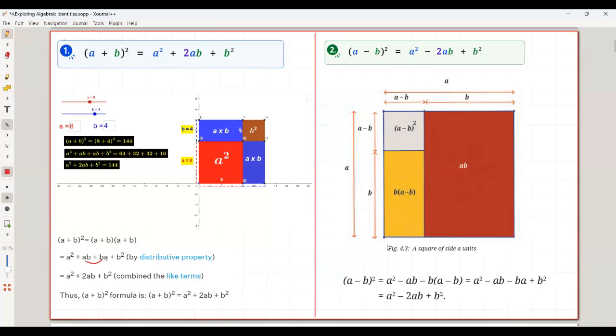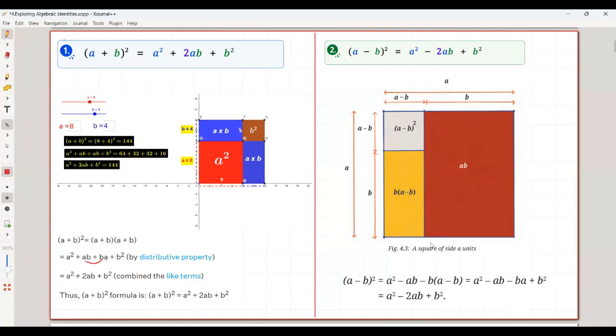Total area means area of the big square, that is A square minus AB. AB means area of the rectangle, minus B into A minus B. Here you can see this is A minus B length, and breadth is B. Area of the rectangle is length into breadth. So B into A minus B we are getting.